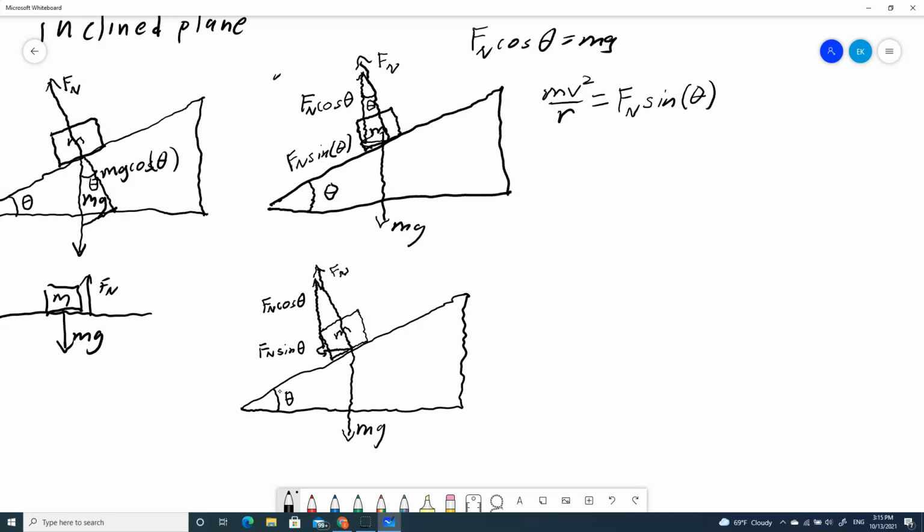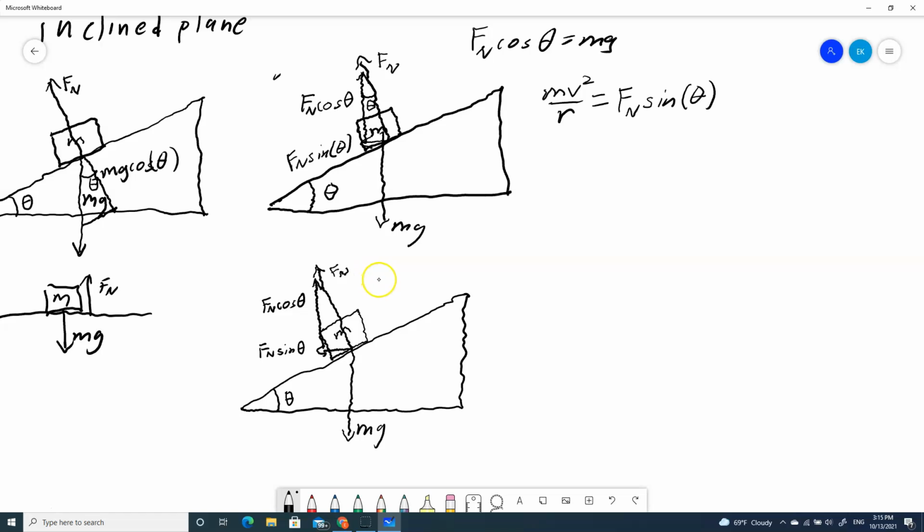But where exactly does the friction come in? Well, it depends. Let's say that this object is moving really fast, like very fast. It's moving so fast that F_N sine theta is no longer equal to mv squared over r.